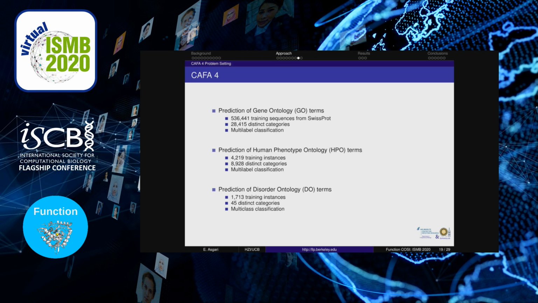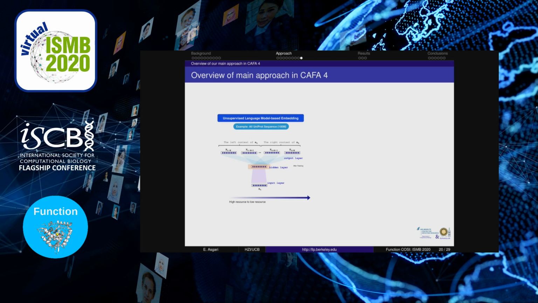As we can see, the second and the third scenarios are low resource settings where we have only a few thousand training instances. So this motivates the use of transfer learning from a high resource setting like gene ontology prediction or language modeling for these cases. The solution that we suggest is as follows. We start from the self-supervised or unsupervised training of the language model using a Skipgram network that we train over a large set of sequences, for instance, 100 million sequences in UniProt.